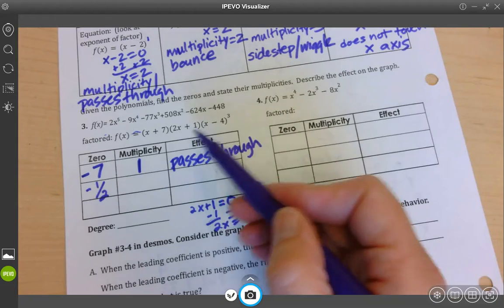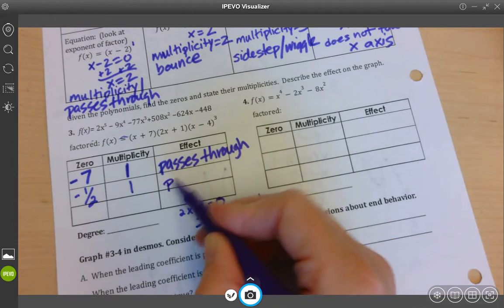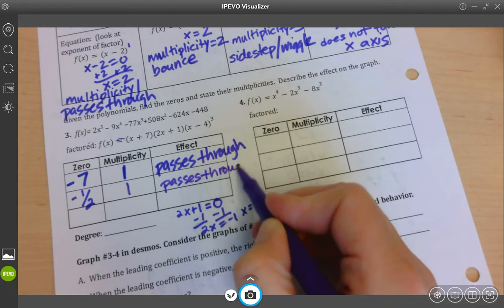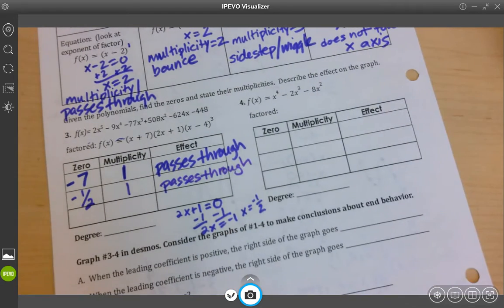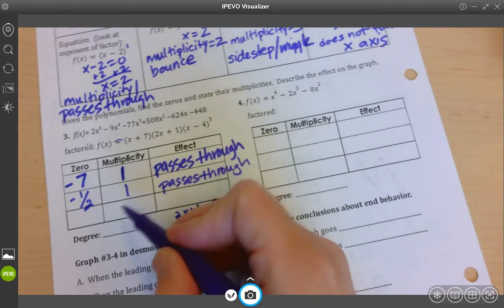All right, what's the multiplicity of this factor? 1, so it also passes through. And what's the multiplicity of the last factor? 3.